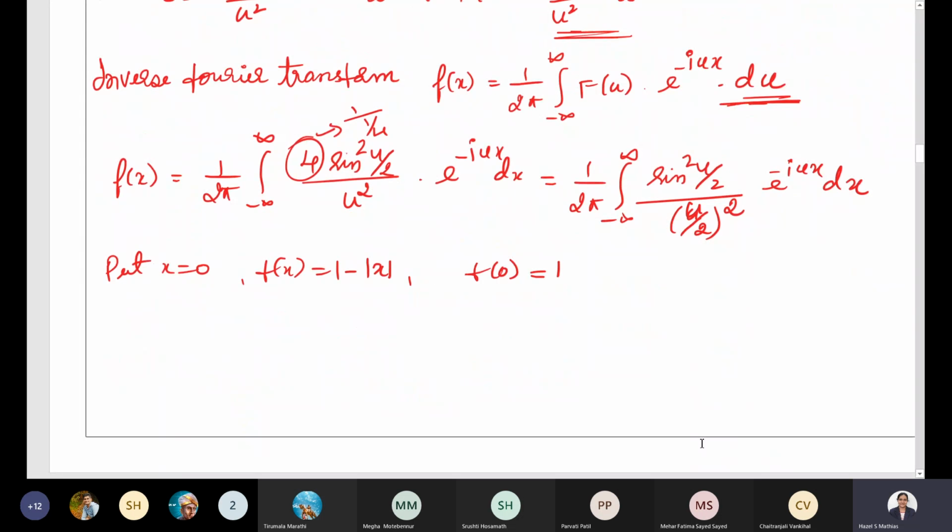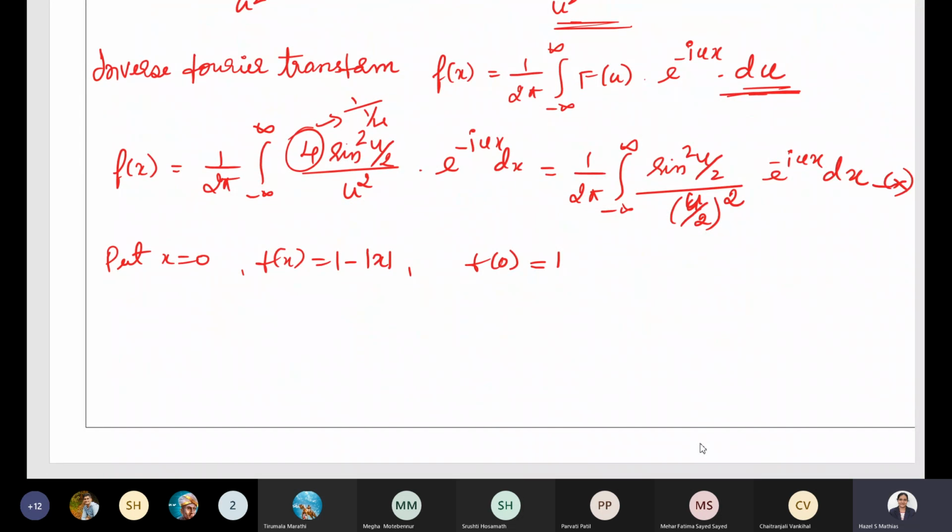So let's substitute x equal to 0 in this expression star. We get f(0), which is equal to 1, that is equal to 1/2π integration from minus infinity to plus infinity of sin²(u/2) divided by (u/2) whole squared, and e^0, which is equal to 1, into du. So this is what we get after we put x equal to 0.